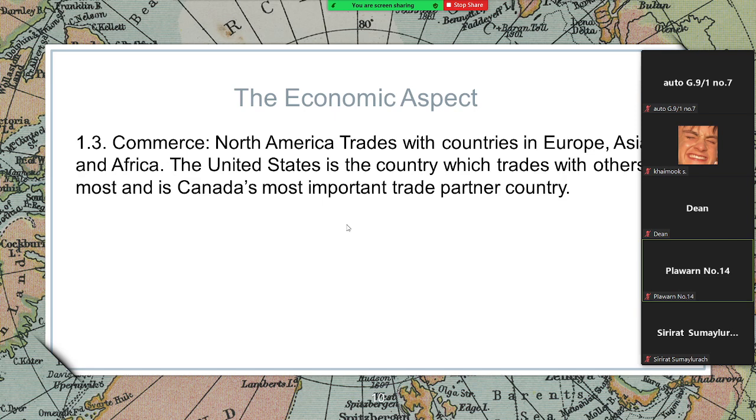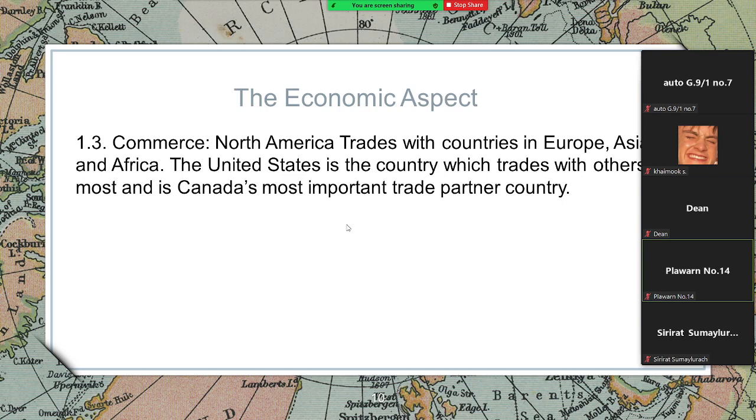Now let's move to commerce. Commerce basically involves trading, mainly between countries, trades wherein a lot of products are involved. So not small trading, but trading on a big scale.